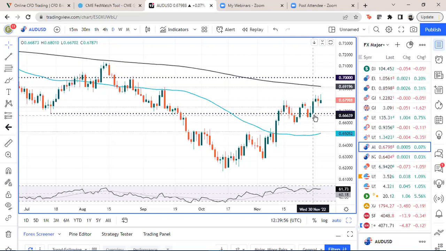They've already lifted rates by a cumulative 350 basis points this cycle, but the consensus, well, it's split actually between a 25 basis point move and a 50 basis point move. It is a fine call. A 50 basis point move, it's a statement only meeting, would take rates to 4.25%.